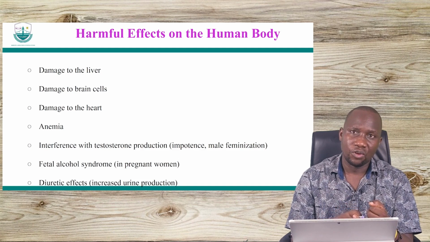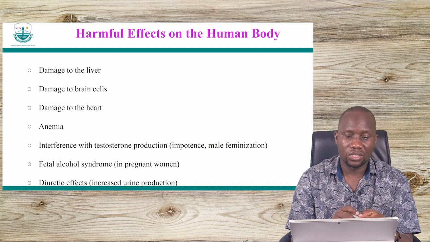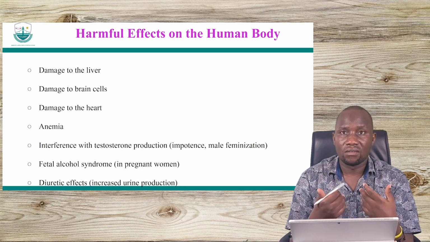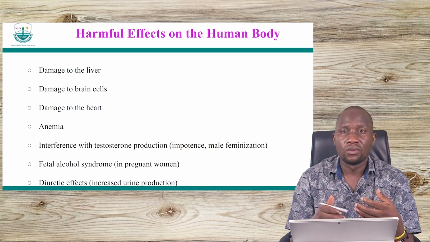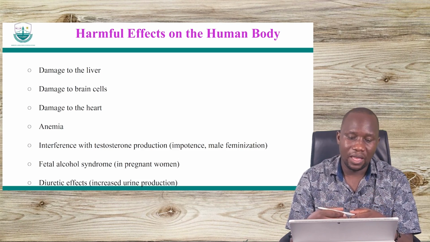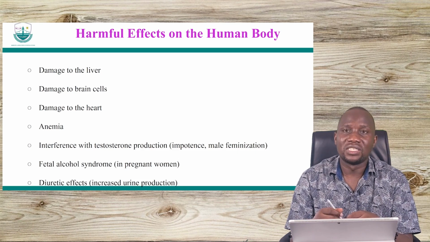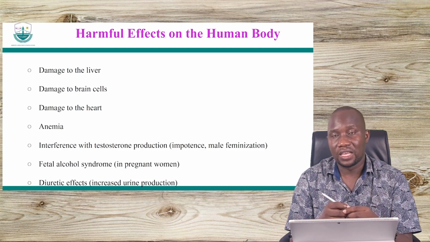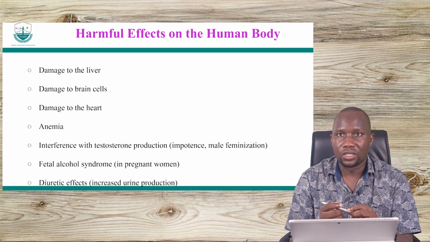And if you're pregnant and you take alcohol, your child can get what you call fetal alcohol syndrome. And when you take alcohol, the urge to go and urinate becomes increased. That is the diuretic effect of alcohol.